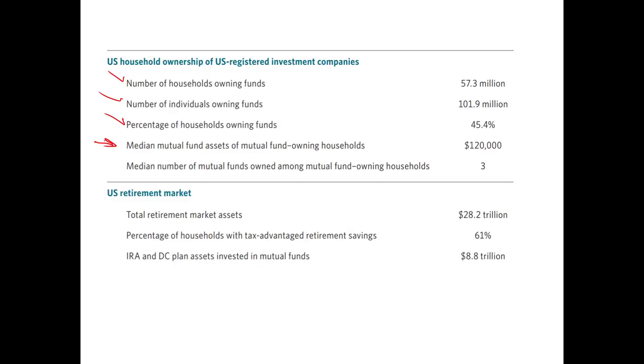As you might imagine, a lot of them are to save for retirement. So a significant proportion falls into that bucket. And a lot of the investments are wrapped into either IRA or DC plans. IRA stands for individual retirement accounts, and DCs are defined contribution plans. And so these are two different types of retirement plans or retirement programs.